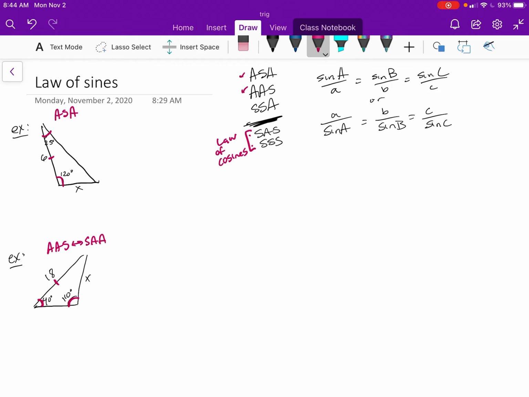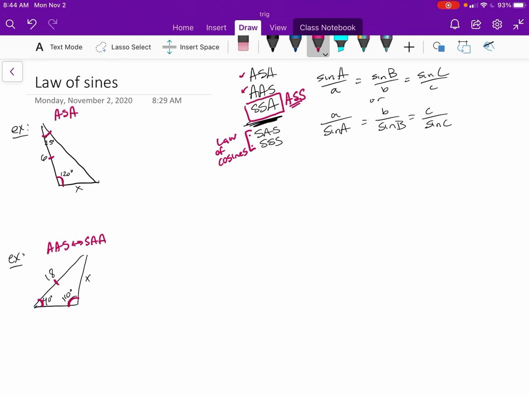I'm purposely skipping over this one here, SSA, or better yet, when I taught high school geometry, are you really going to remember SSA or are you going to remember ASS, right? In geometry, ASS did not work. There was no ASS in geometry to define congruent triangles.